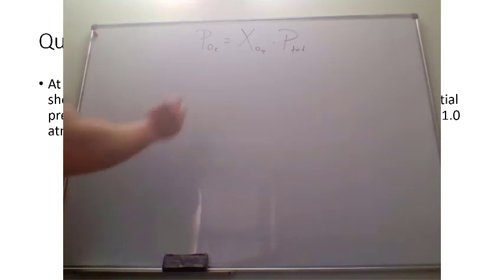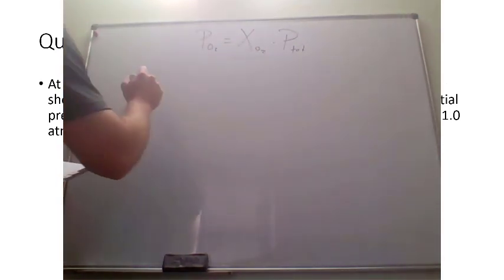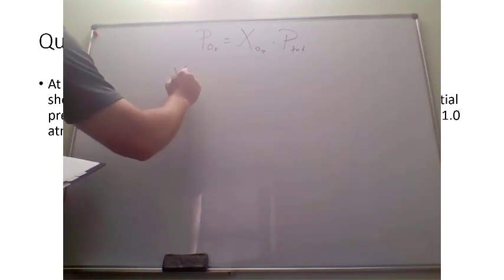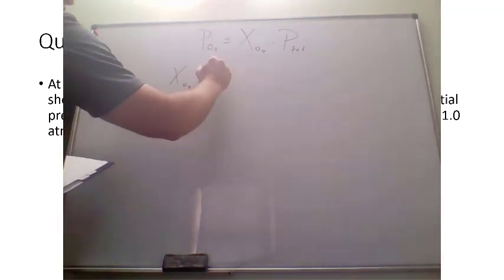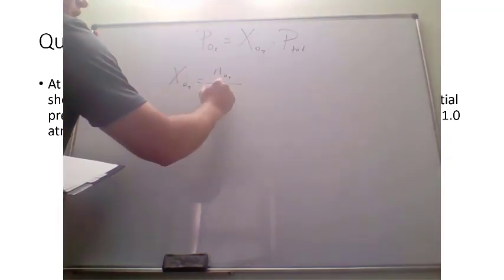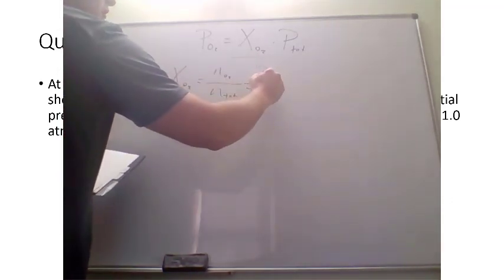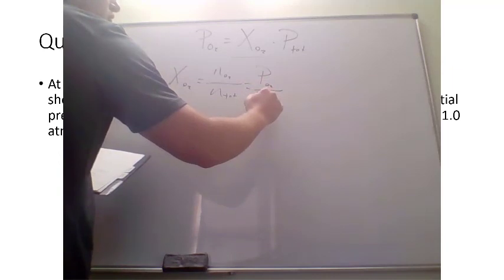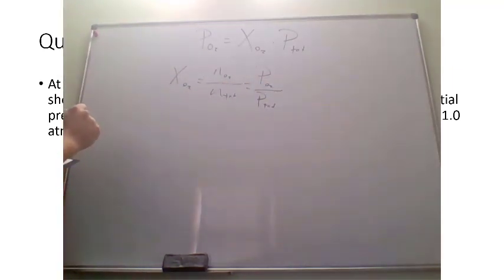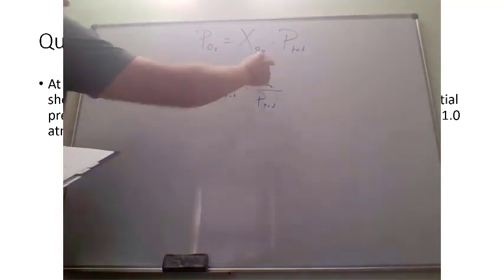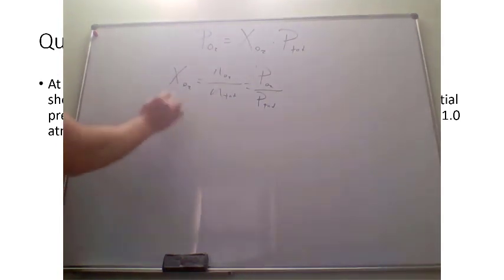Okay, and so in this case, we have to solve for our mole fraction of O2. So we know that the mole fraction of O2 has two different definitions, our number of moles of O2 over number of moles total, or our partial pressure of O2 over our pressure total. So in this case, we have the information for the partial pressures in order to solve for our mole fraction.